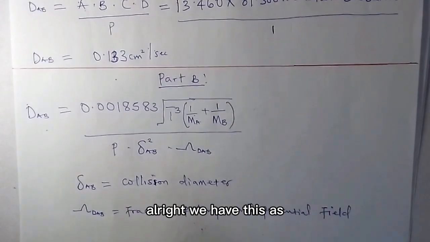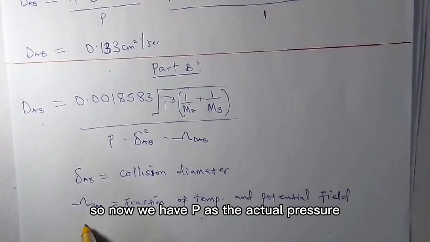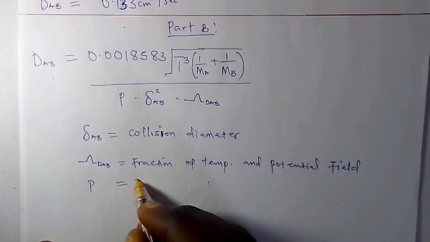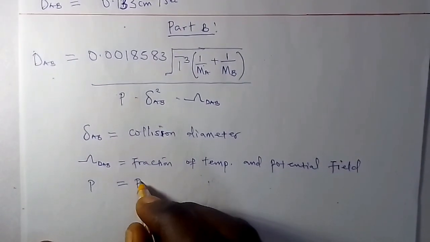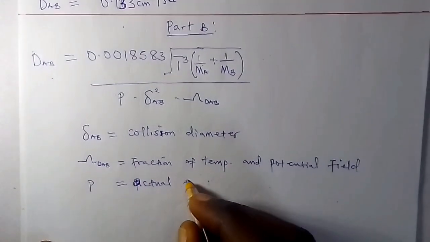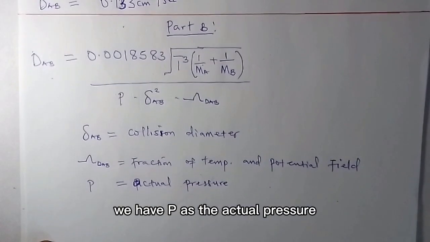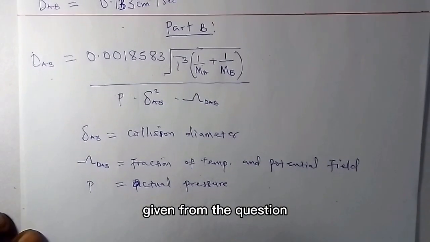All right, we have this as the function of temperature and potential field. And we have P as the actual pressure given from the equation.